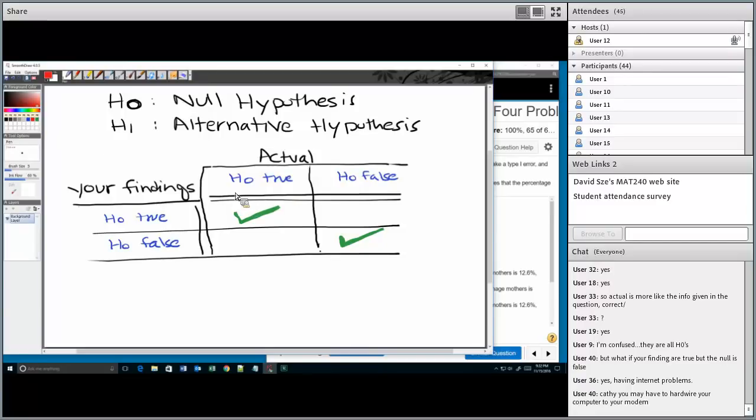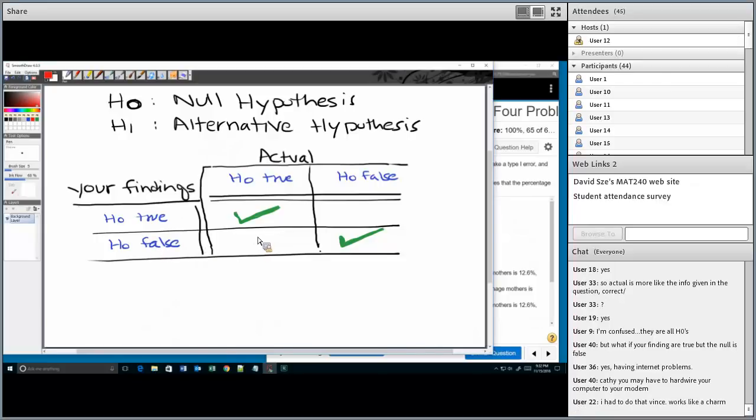But now you also have cases where the null hypothesis is true, but you end up saying that it's false, and this will happen. This will happen when the null hypothesis is true, and you end up saying it's false. That is an error. You've made an error.